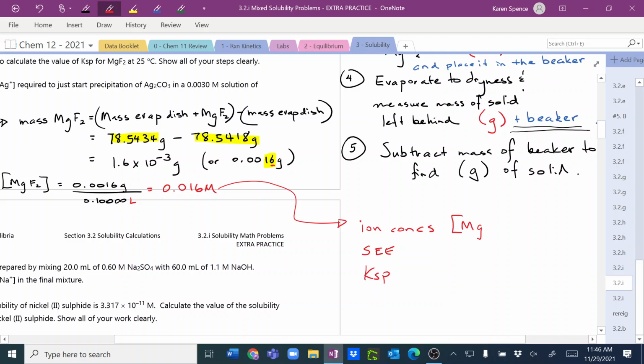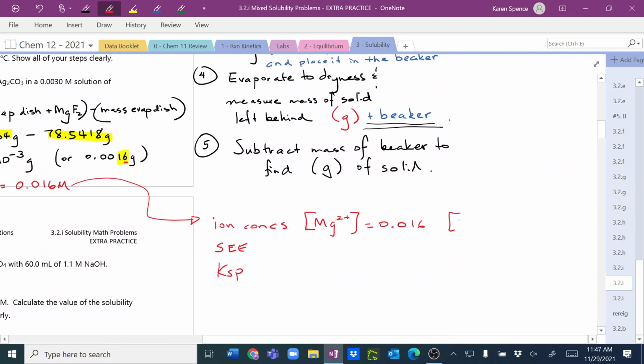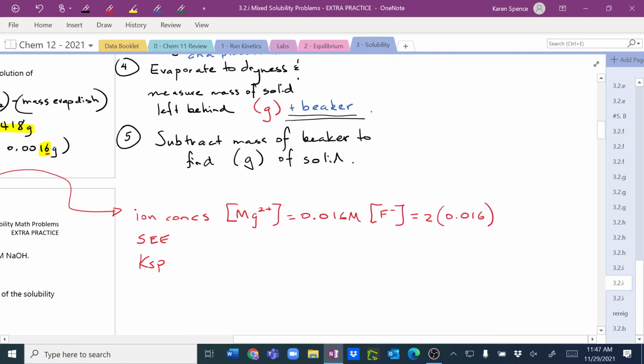What's the concentration of magnesium? Is it the same as MgF2? Yes, 0.016. How about the concentration of F? Is it the same? It's going to be 2 times that. So 2 times 0.016 molar, that's going to be 0.032 molar.